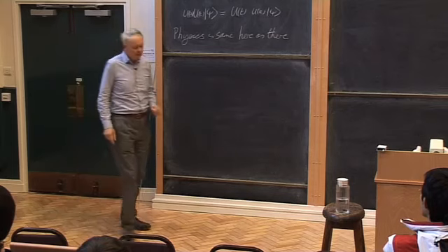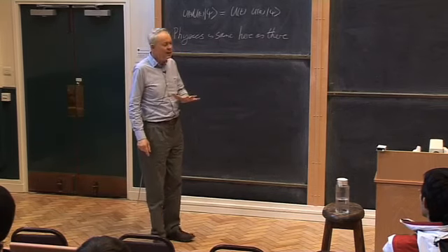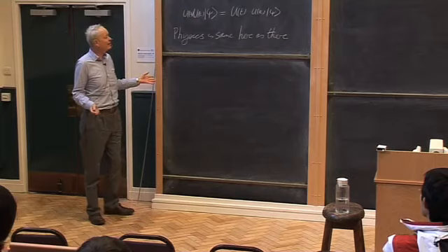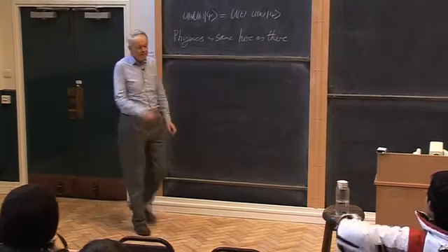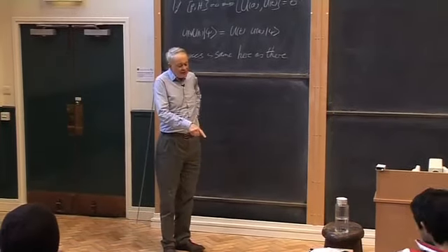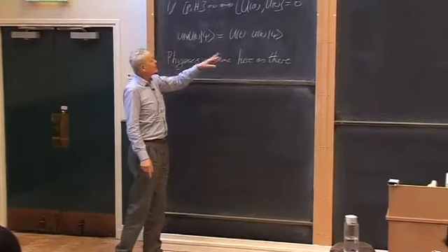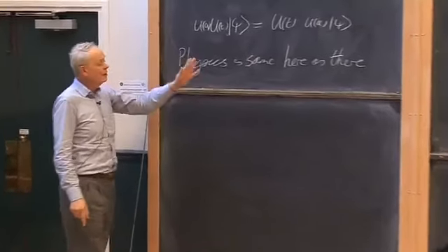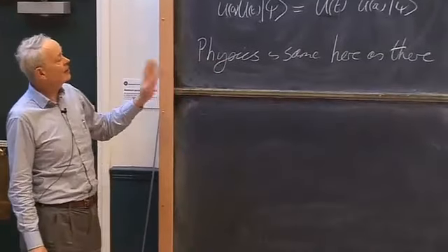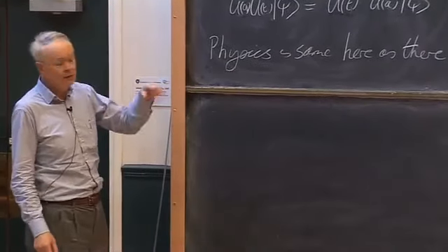So it is by no means obvious, it's not necessarily the case, that it doesn't matter where you conduct your experiments, that evolving it in one place and then moving it somewhere else is going to give you the same results as moving it somewhere else now and then allowing it to evolve at that other place.